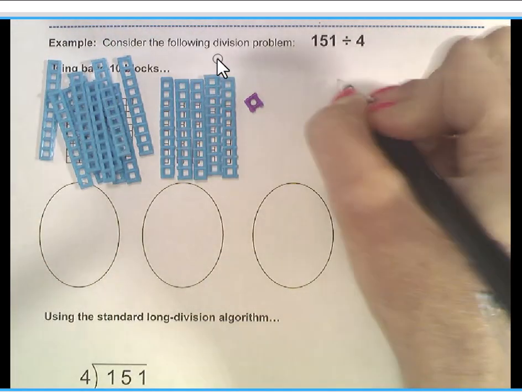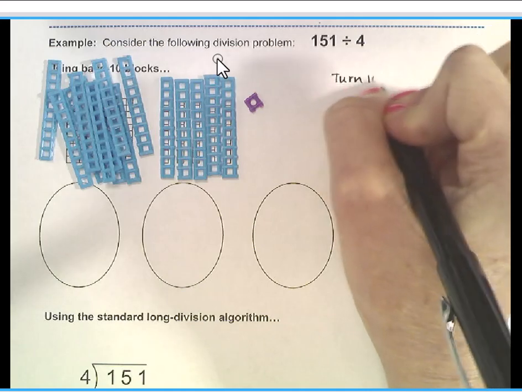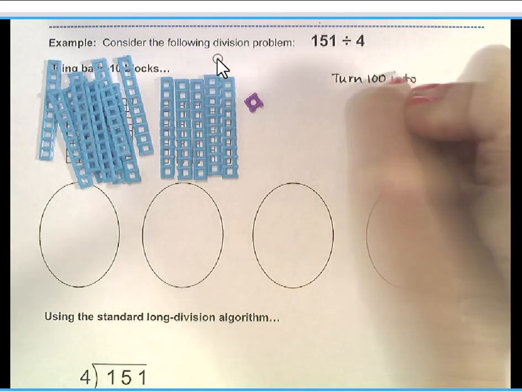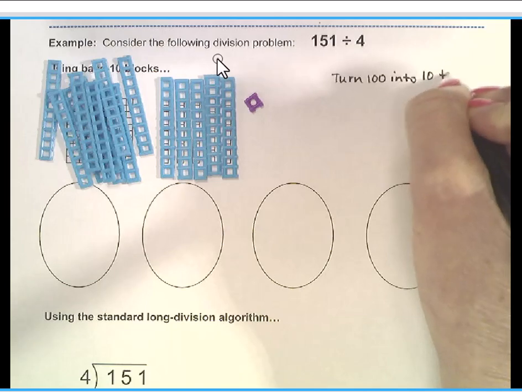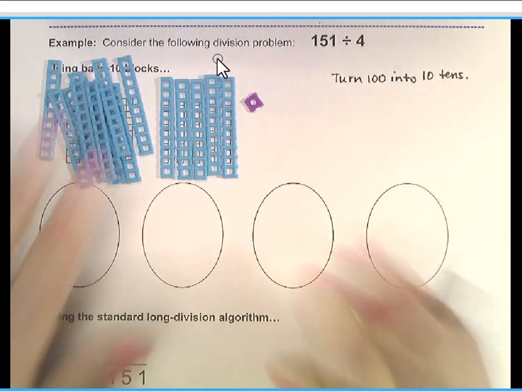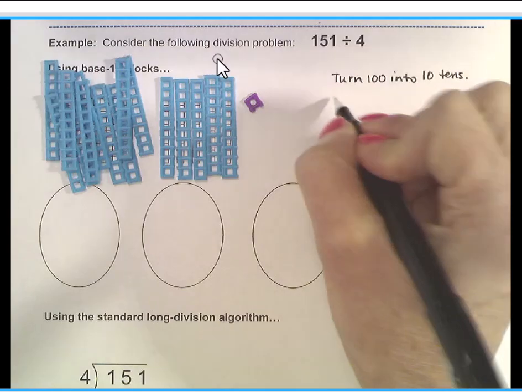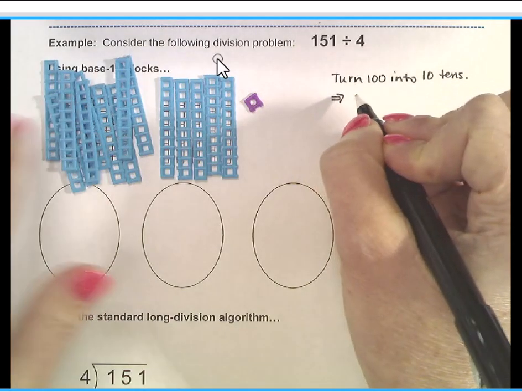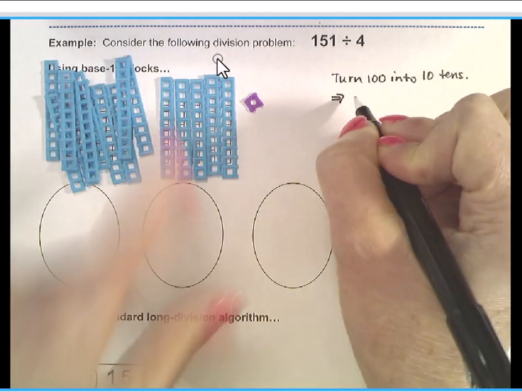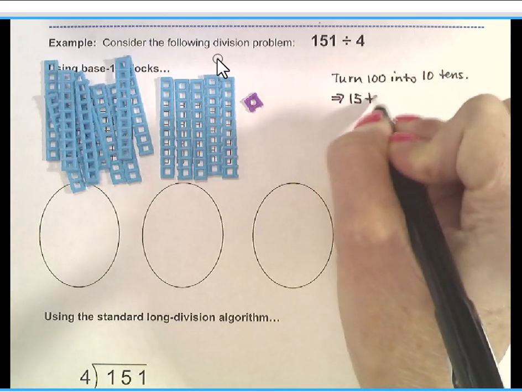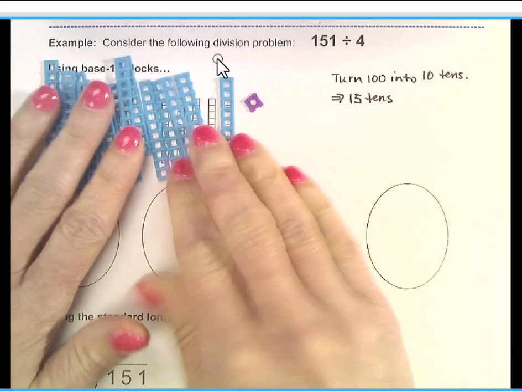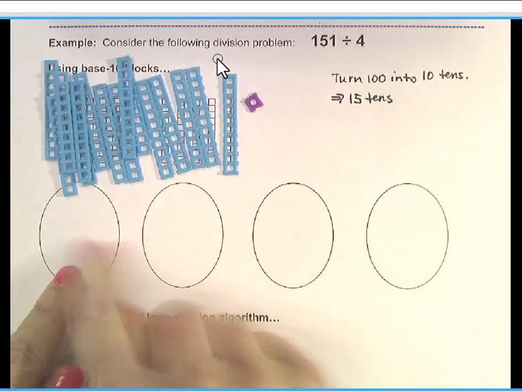So we're going to turn 100 into 10 tens, right? So now what I have is, what is it? I have 10 and then 5 more, so 15 tens. That's where I'm at. So I have 15 of these tens I've got to divide among these 4.